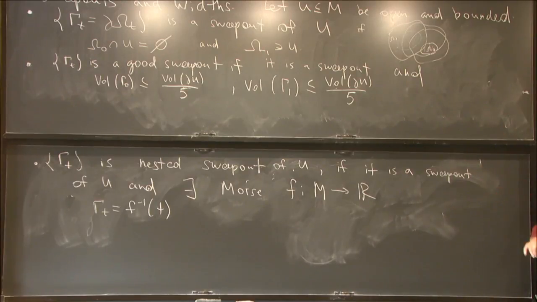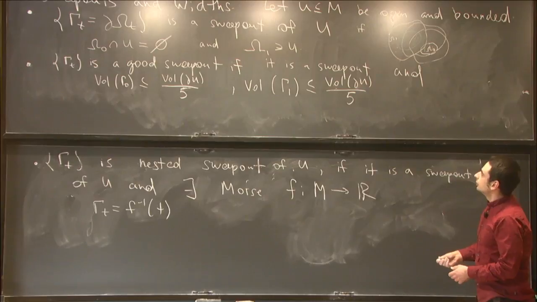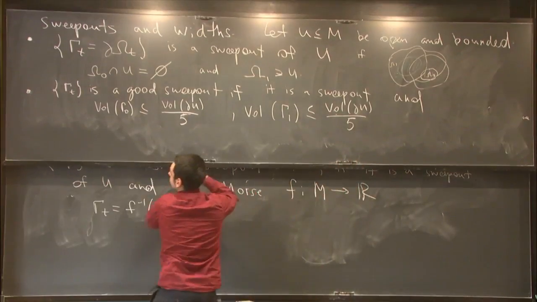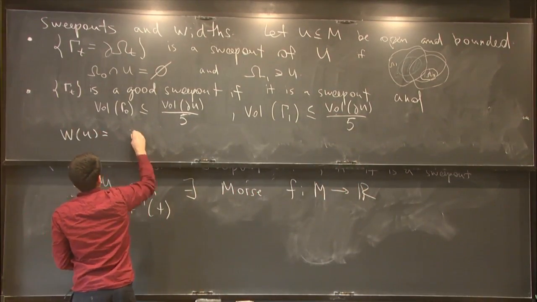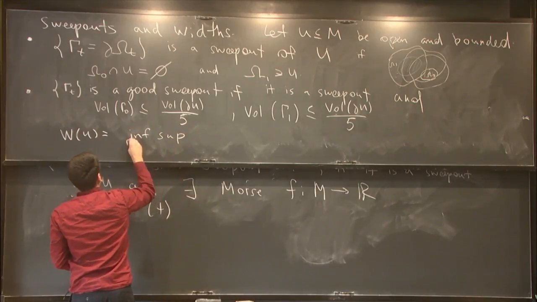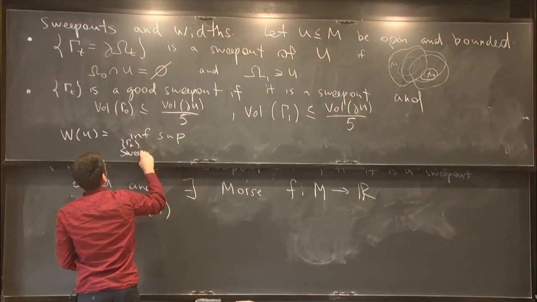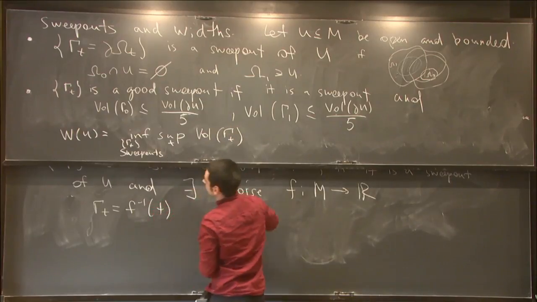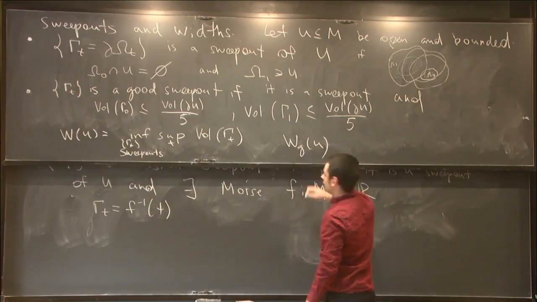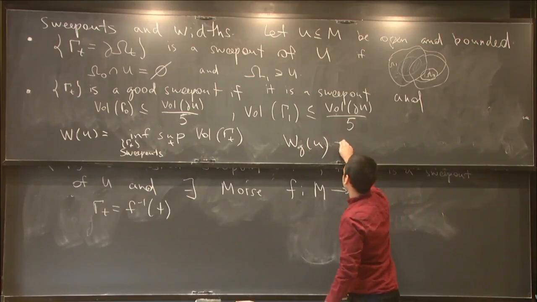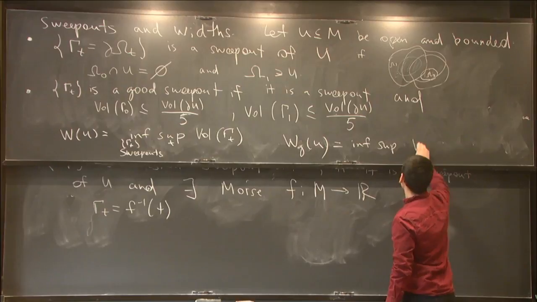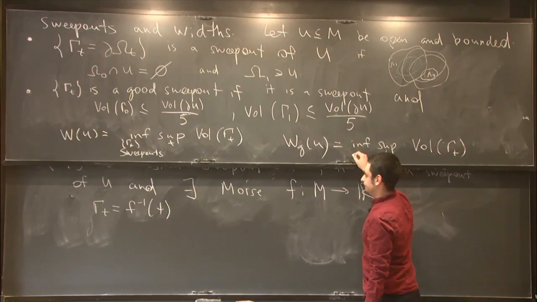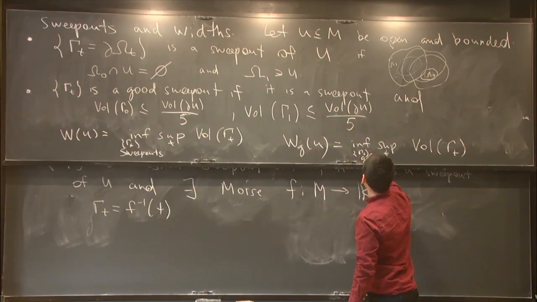So corresponding to each notion of sweepout, we will define a corresponding notion of width, where we will define W of U to be the min-max quantity for all gamma t sweepouts, and Wg of U to be the min-max quantity for all good sweepouts, where gamma t is good.